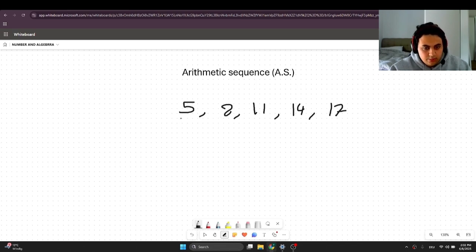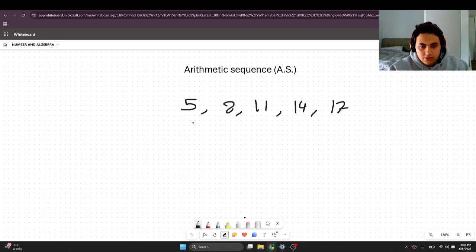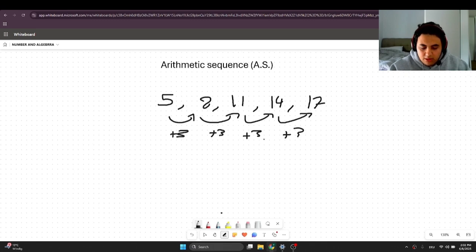Then it's the same from 8 to 11, 11 to 14, 14 to 17. Each and every time we move from one term to the next, we're adding 3. We're always adding 3.